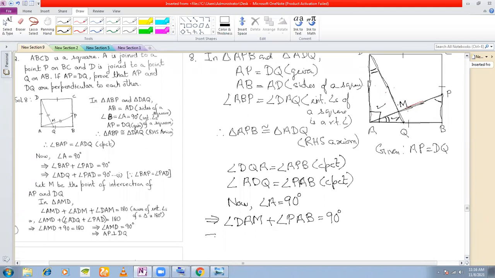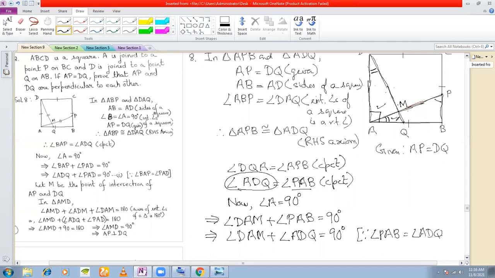So now angle DAM, write this as it is. And angle PAB, what is it equal to? Angle PAB is equal to angle ADQ by CPCT. So replace PAB by angle ADQ, which is equal to 90 degree, since angle PAB is equal to angle ADQ.